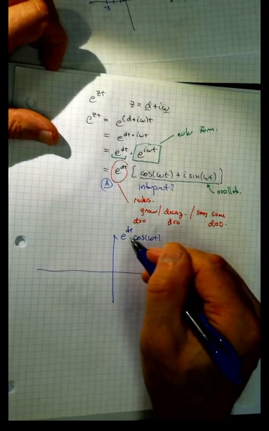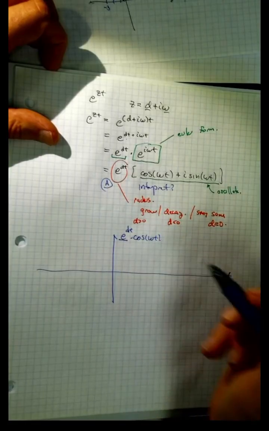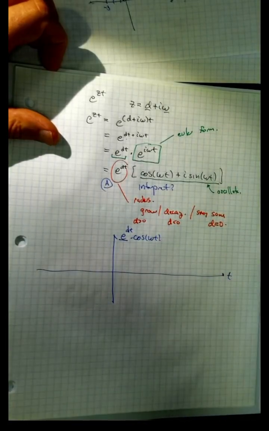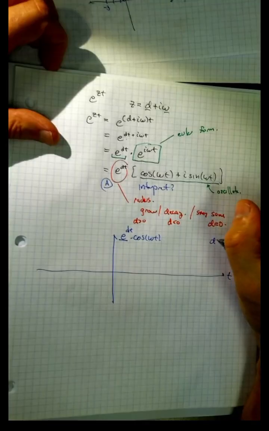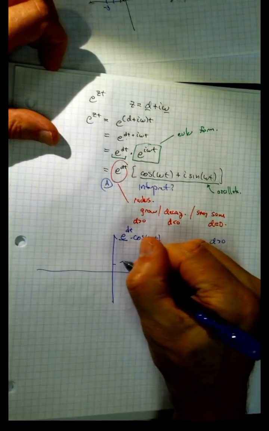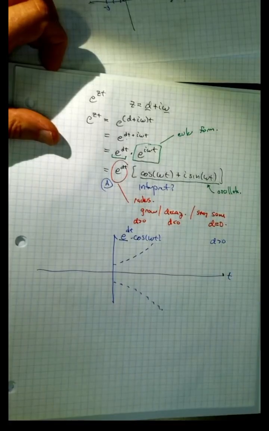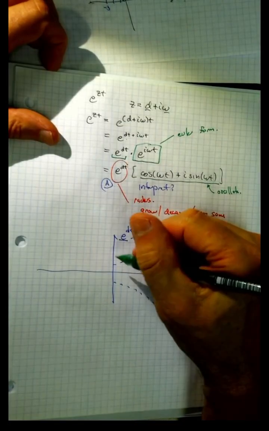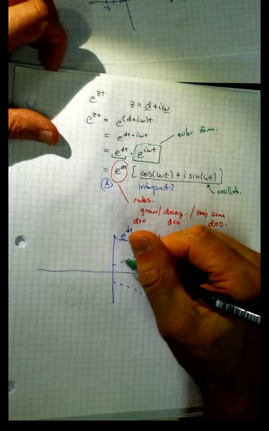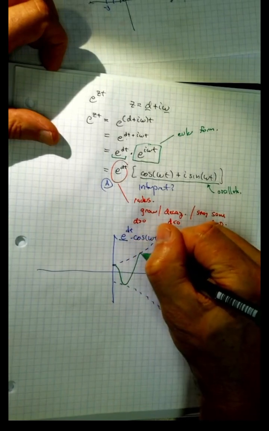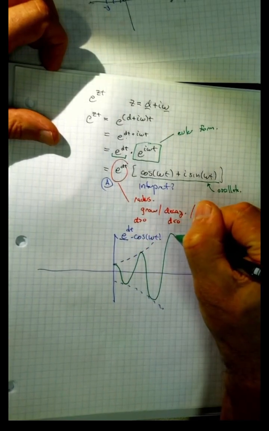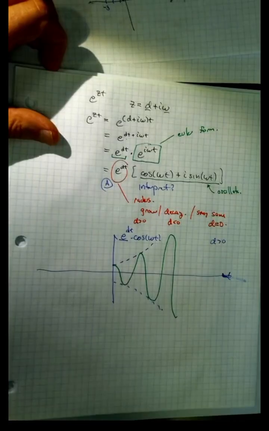This is going to oscillate like we've already seen. This is going to be the amplitude. And if d is greater than 0, that amplitude is going to get larger. And when I multiply by the cosine omega t, it's going to oscillate but grow extremely large.